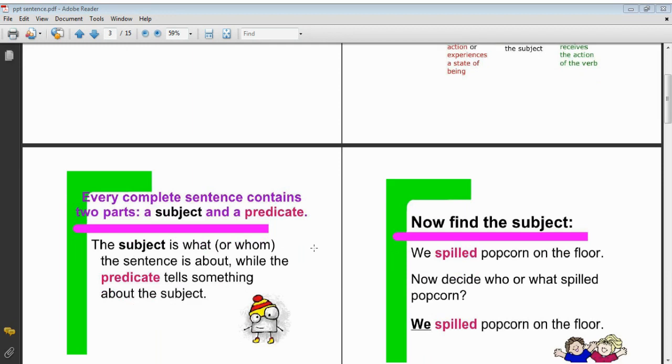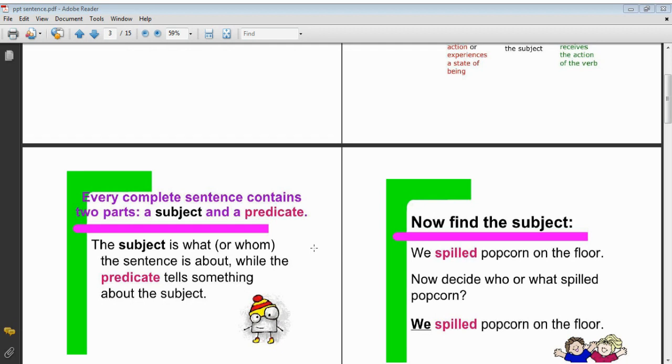Now we have to learn in how many parts we can divide a sentence. We always divide a sentence in two parts, a subject and a predicate. Now we have to learn what we mean by a subject and predicate. Subject we have already discussed, that subject is the doer of the action.